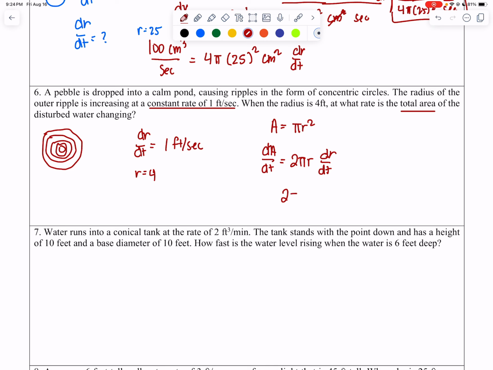So I have 2 pi, r is 4, but remember this is 4 feet, and then dr/dt is 1 foot per second. And then if I simplify that, notice how my units should match up, because I have feet and feet, which is going to be feet squared. So feet squared per second, or 8 pi feet squared per second.